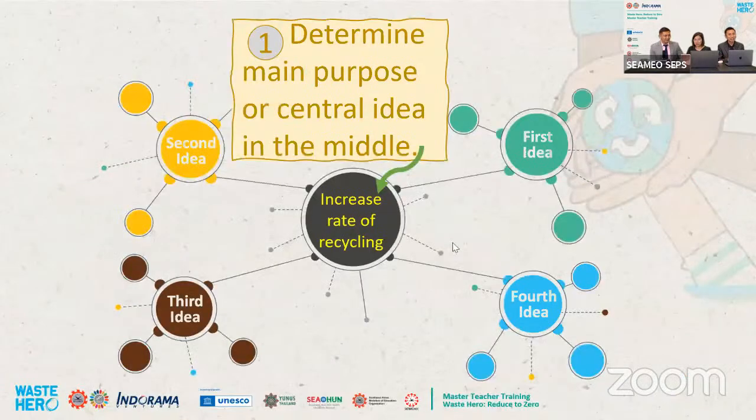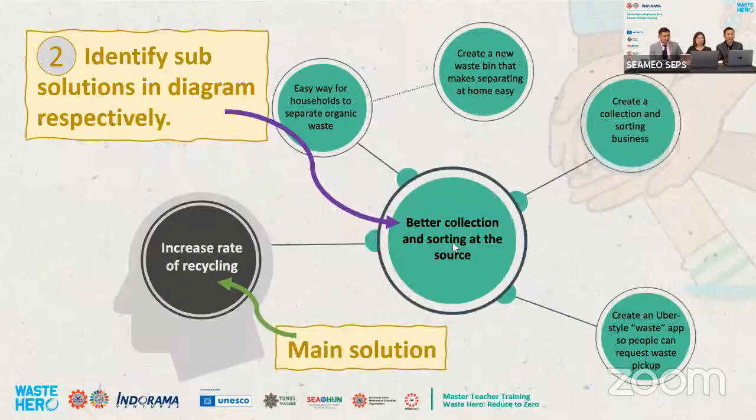To join this activity, you have to let your students write a main purpose in the middle of the map, such as increase rate of recycling, right? After that, identify the sub-solutions and the related ideas into the map, respectively, such as writing better collection and sorting at the source to be the solutions of increase rate of recycling, which is the main purpose of the map.